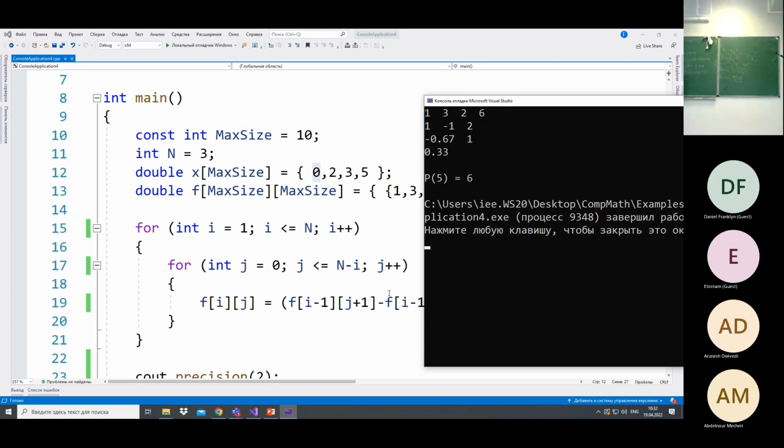This is minus 1. Minus times minus gives us plus. And we have 2 plus 2/3, that equals 2.6666.